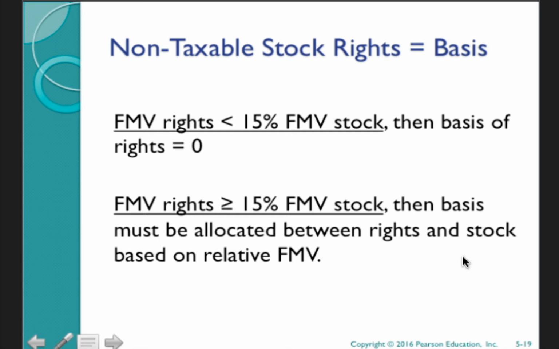I know that can be kind of confusing, but just getting the basic idea of it is enough to allow you to know, okay, there's certain threshold numbers here when dealing with fair market value of stock or stock rights or the options that you may have, and just knowing that 15% threshold, or that it's around there, you could then just go up and look up whatever you need to see there.